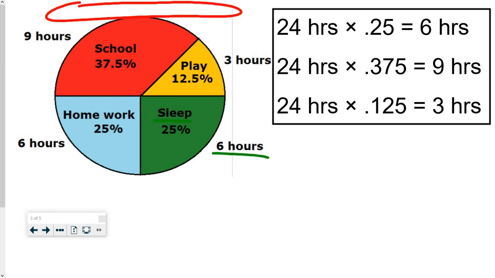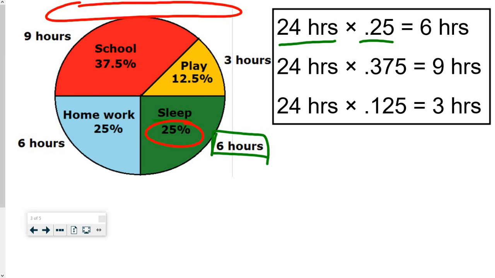When we take the 25% right here, sleep is 25%, and 25% as a decimal is 0.25. We multiply that by 24 hours. 24 times 0.25 equals 6 hours, so we know that sleep takes up 6 hours a day.